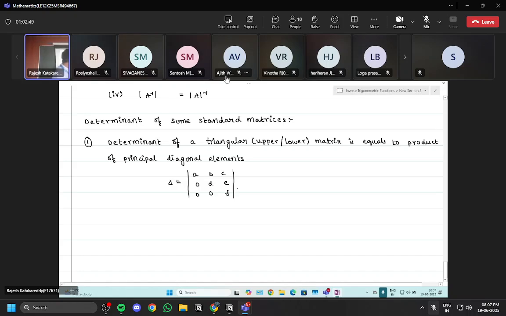We write A into the determinant after deleting the row and the column, minus 0 into whatever, that is 0, plus 0 into whatever, it is 0.